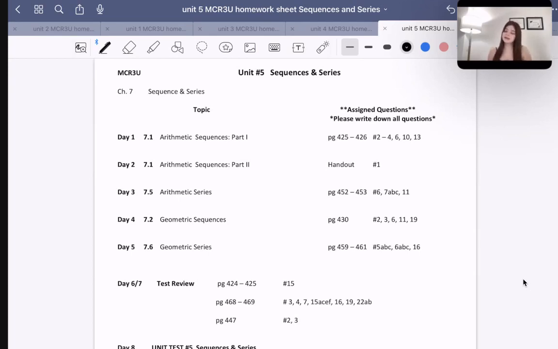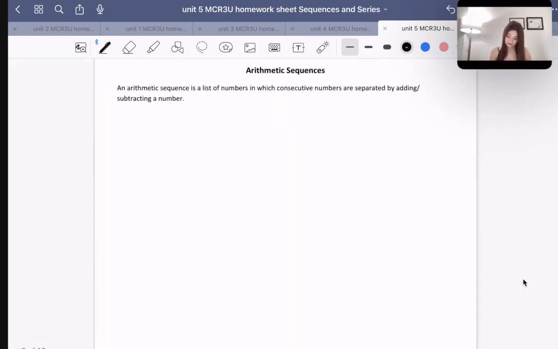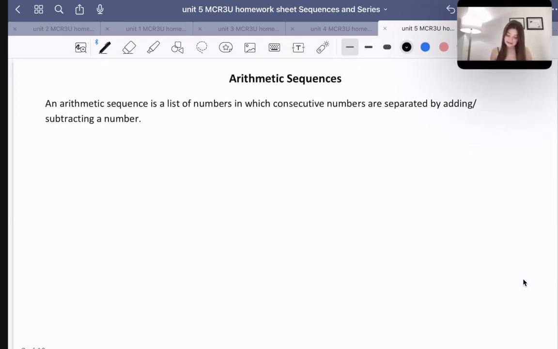Okay, well, with that said, let's talk about our subject today, which is the arithmetic series, part 1 and 2. So, an arithmetic sequence is a list of numbers in which consecutive numbers are separated by adding or subtracting a number.